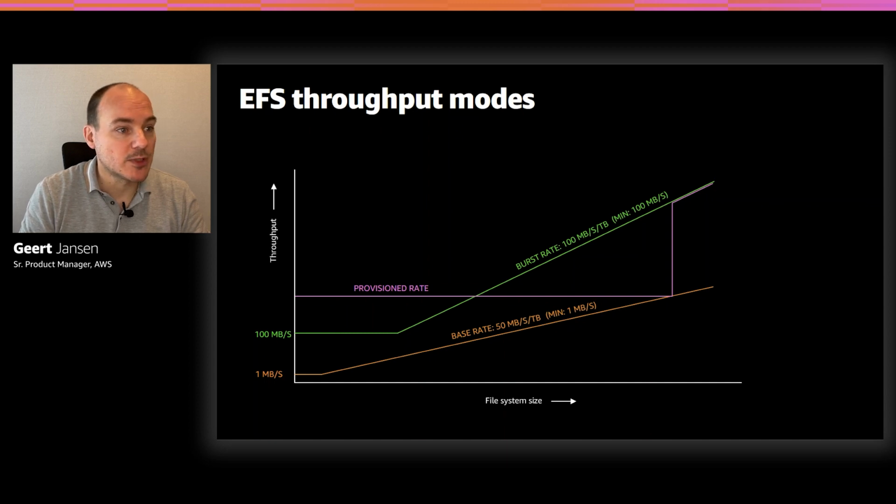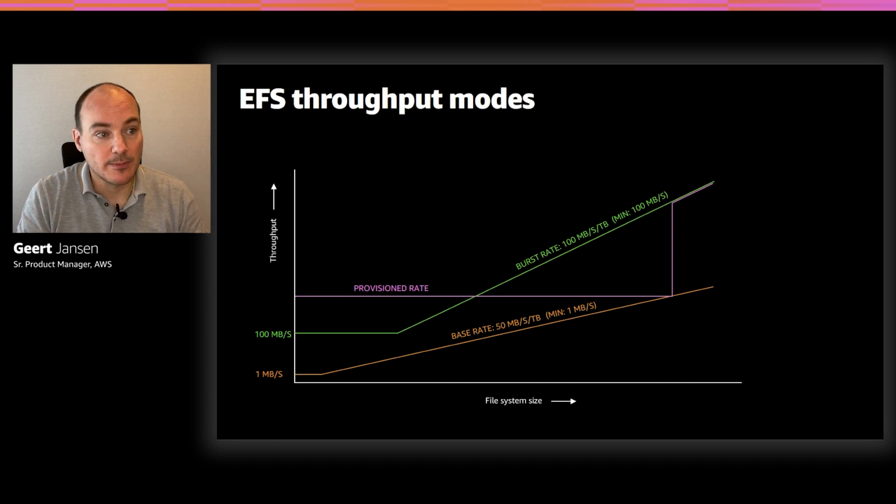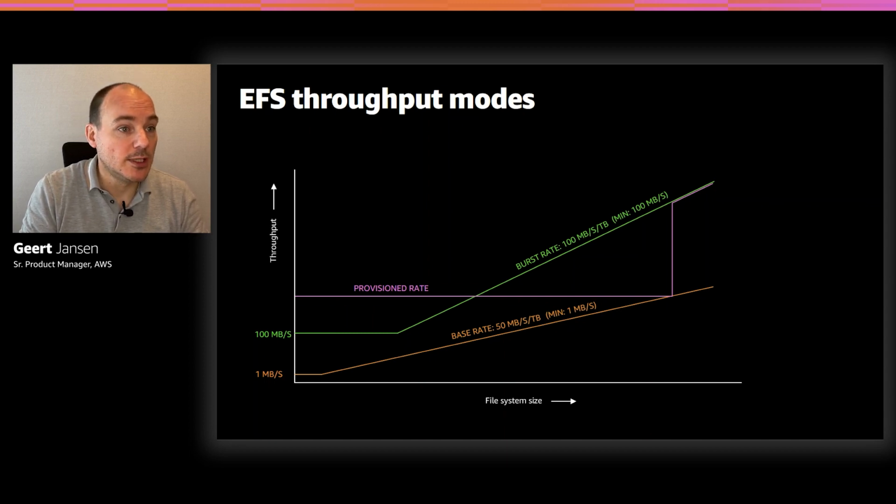If you would provision 500 megabytes per second of throughput, you would only pay for the excess of 200 megabytes per second. And when your file system grows, and at some point your base rate becomes equal to your provisioned rate, then you stop paying for provisioned throughput, and your file system falls back to the bursting rate. It can actually use the bursting rate and burst to higher levels of throughput.